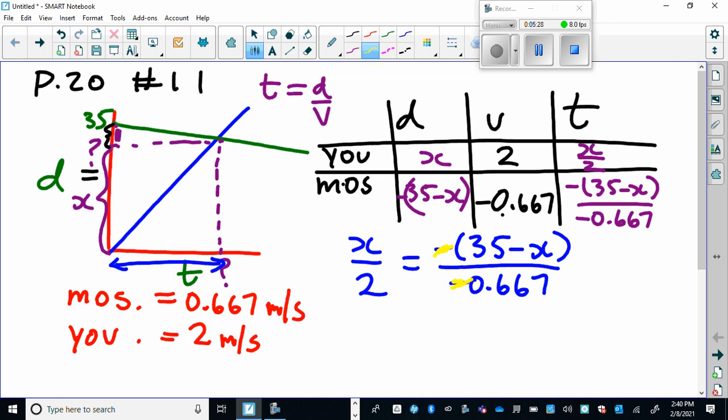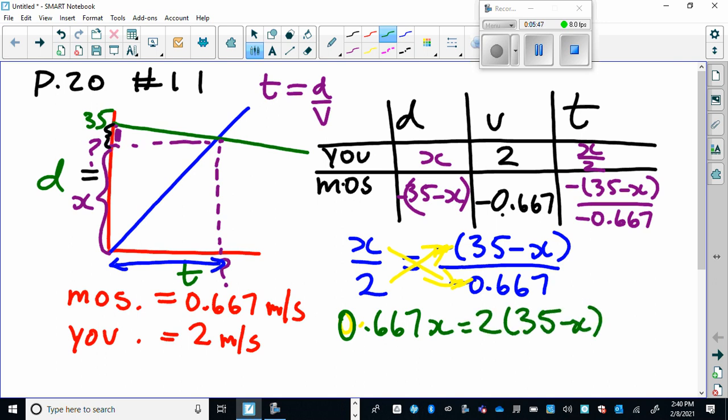So the first thing we're going to do is just eliminate those negatives, because a negative divided by a negative is positive. And then we're going to cross multiply. That's going to give us 0.667x equals 2 times (35 minus x).